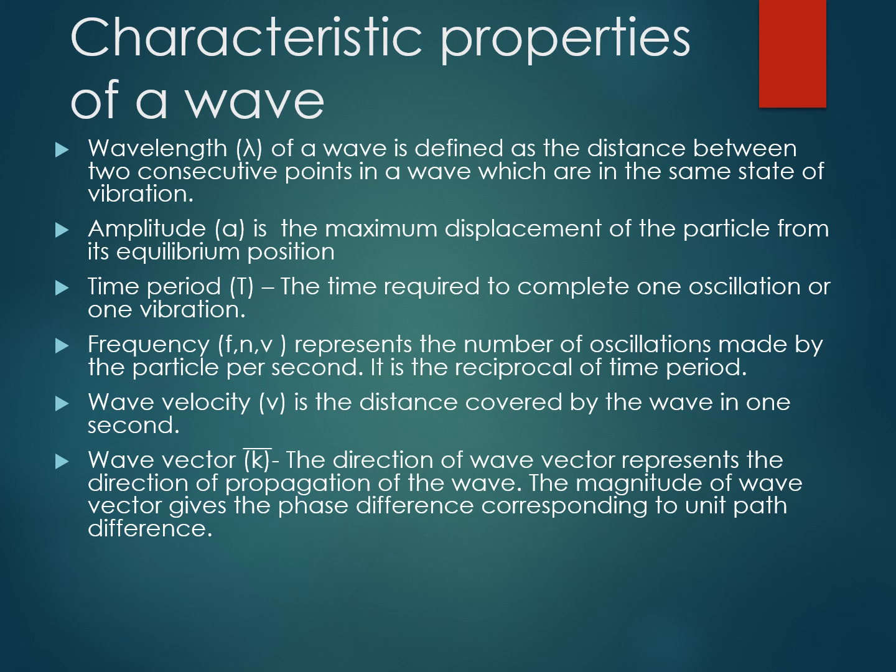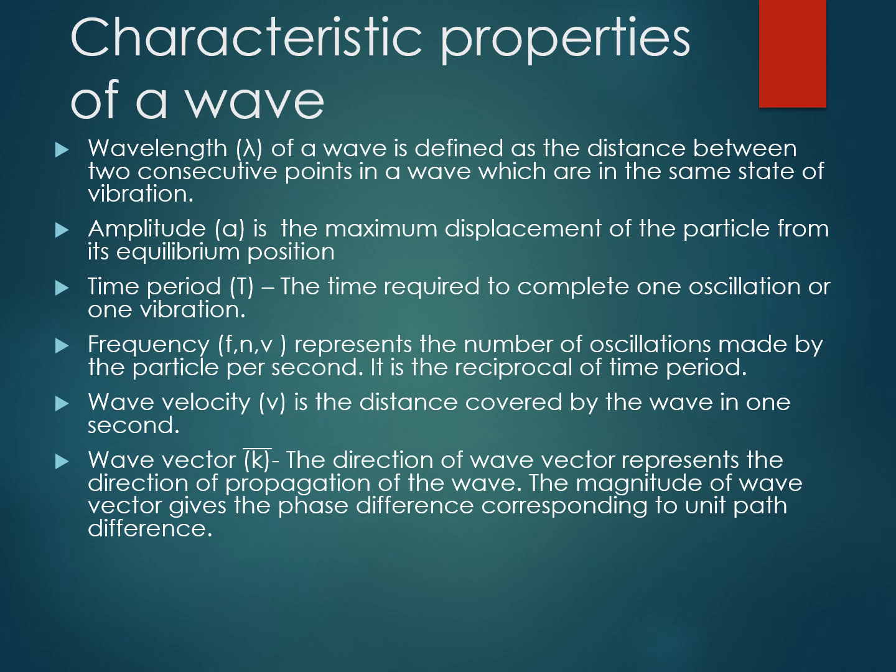It is the number of oscillations made by the particle per second, whereas nu bar is just a reciprocal of wavelength, and we often use it in spectroscopic studies to plot the graphs as a convenient parameter. So it is not a characteristic property.